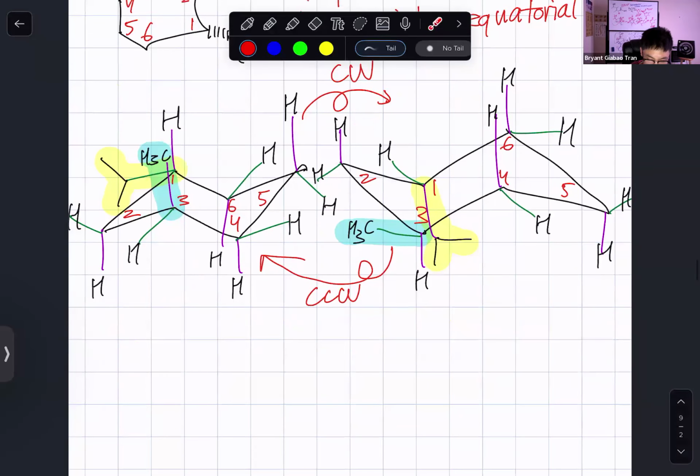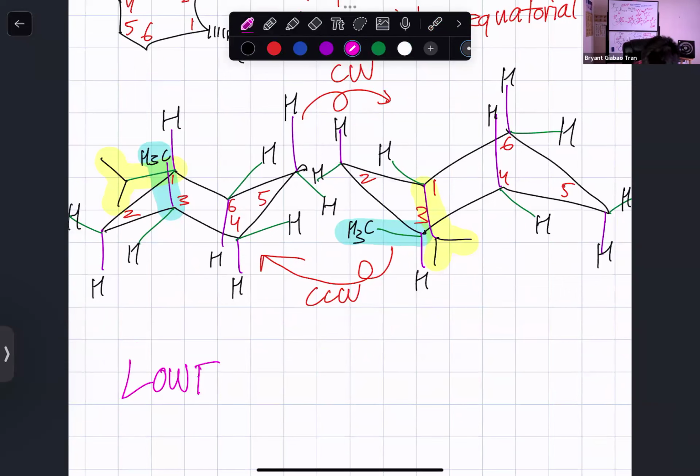Now let's determine what's the lower energy one. Lower energy means higher stability.